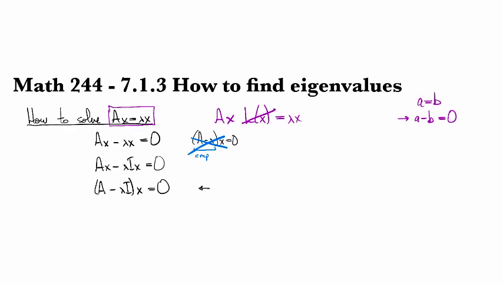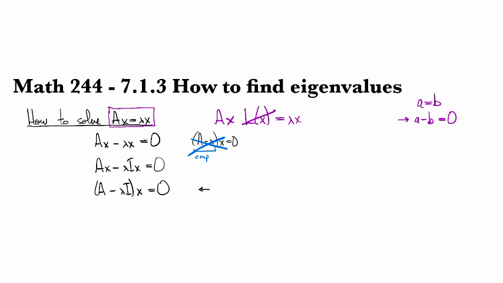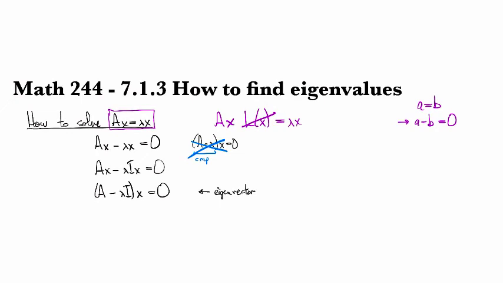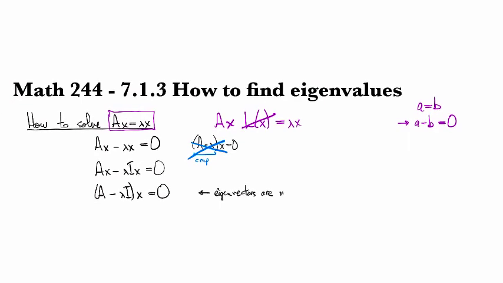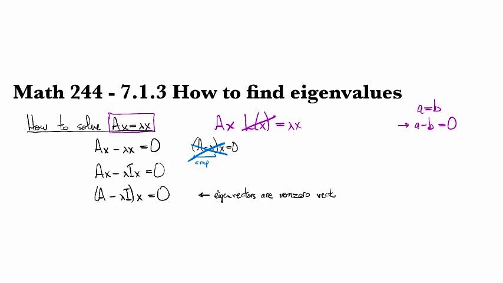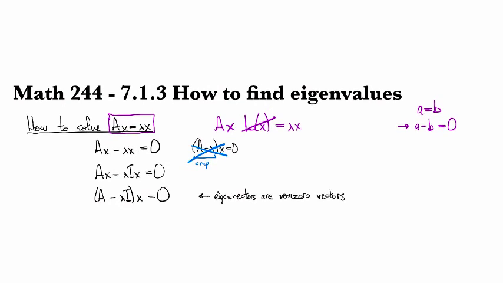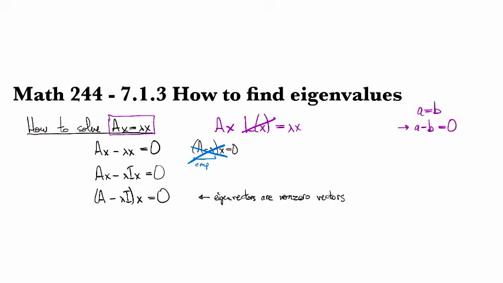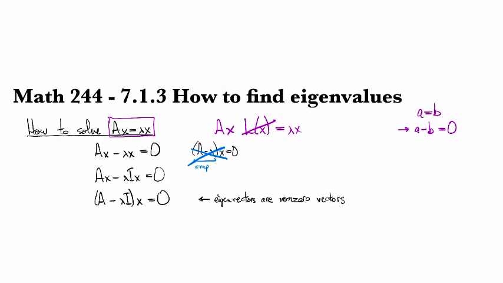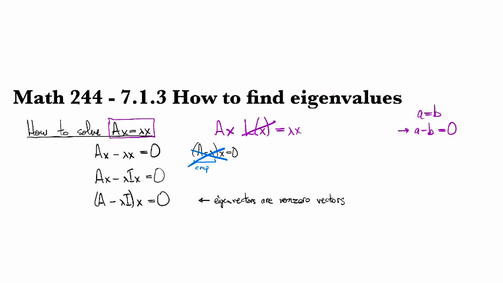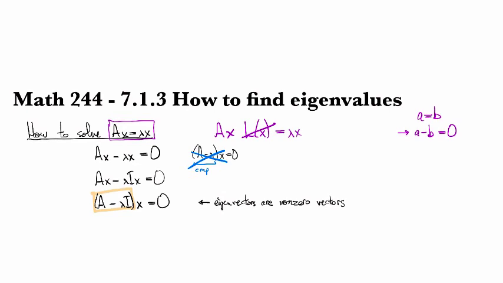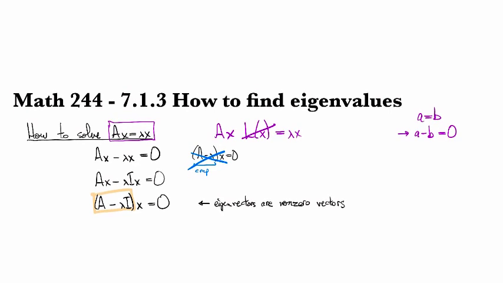And when I look at this one, I remember that in order to find an eigenvector, eigenvectors are non-zero vectors, so I want a non-trivial solution to this equation right here. How is it possible to have a non-trivial solution to a homogeneous equation? Because that's exactly what we've got, right? We've got matrix times vector equals 0. So that's a homogeneous equation.